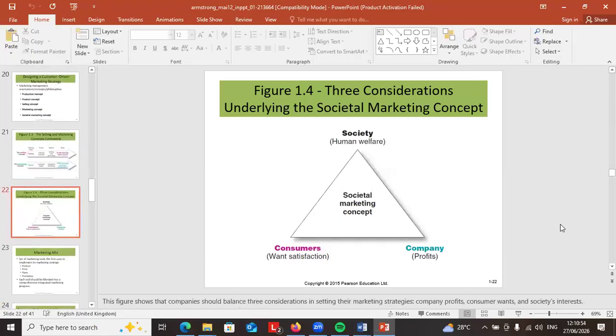Then for the societal marketing concept, the figure you're currently seeing shows that companies should balance three considerations in setting their marketing strategies. That is company profit, consumer wants, and society's interest.